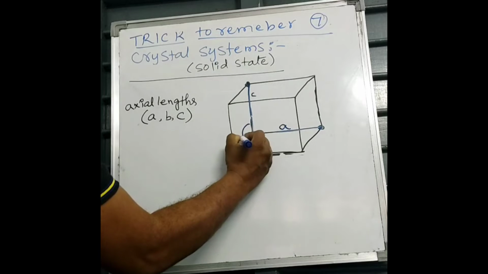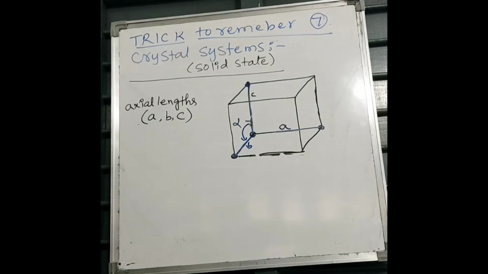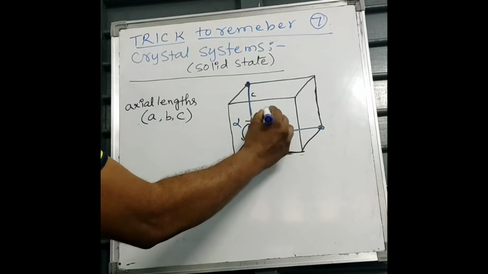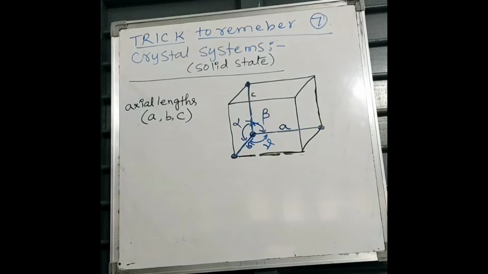The angle between B and C is alpha, and A and C is beta, and A and B is, say for example, gamma. If you change A, B, C, alpha, beta, gamma are constant.